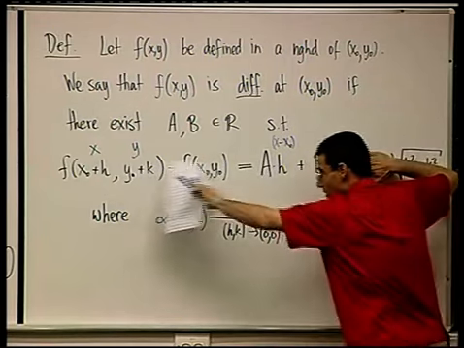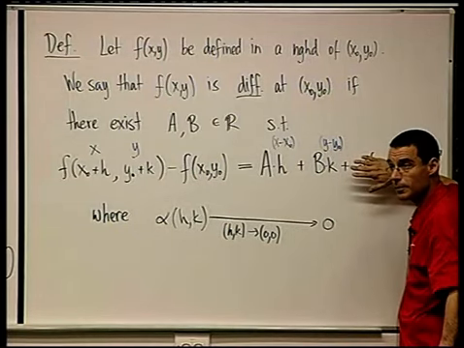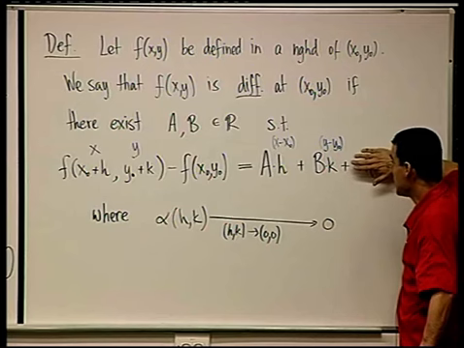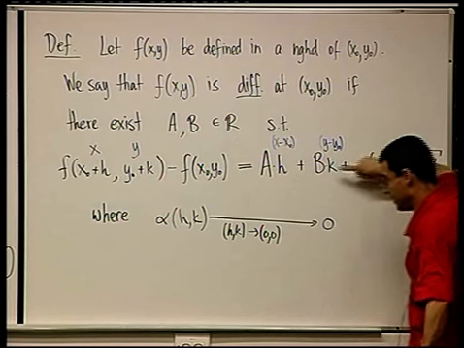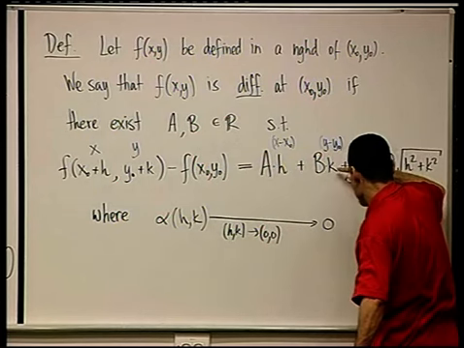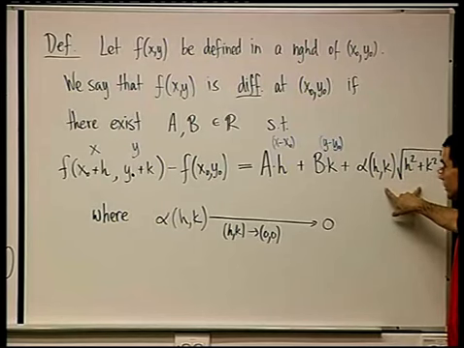Do you see that this entire expression is the numerator of that fraction over there? Okay. And if I move these to the other side, then this equals this, right? Do you agree?